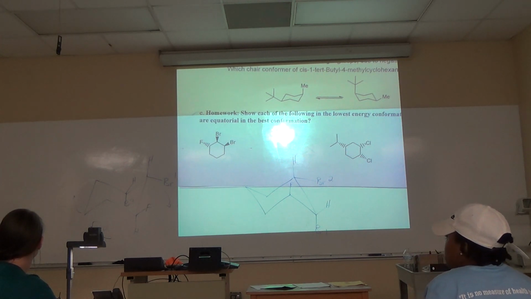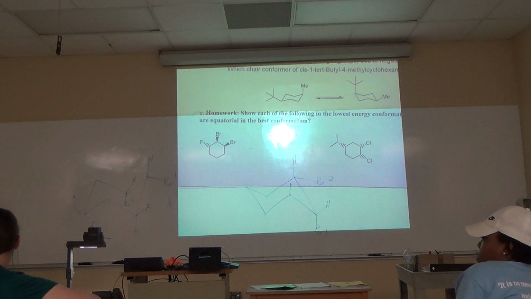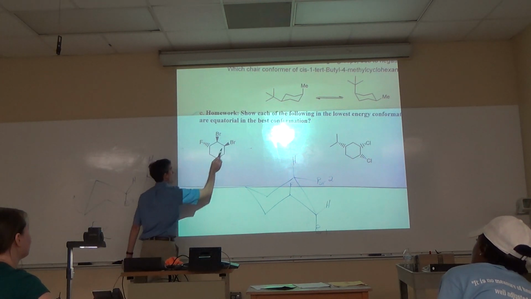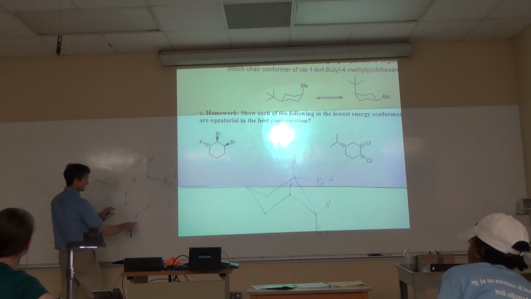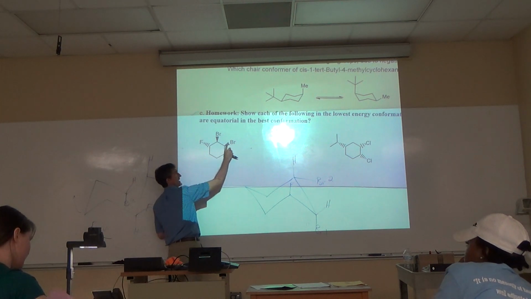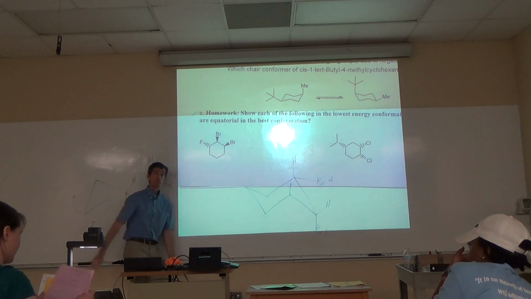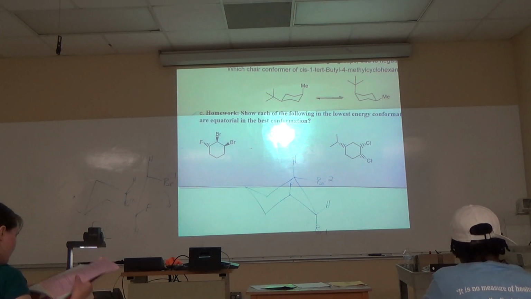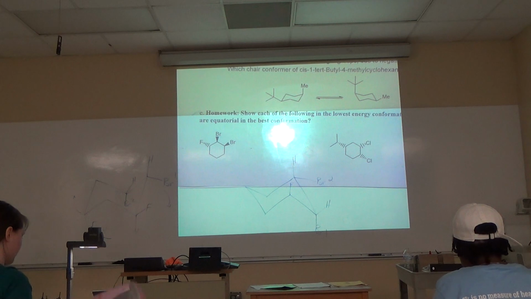This compound, they can't both be equatorial. Now if you change the first bromine to the other projection, if you made that dashed, then they could both be equatorial. But that's a different compound. That's a different stereoisomer.